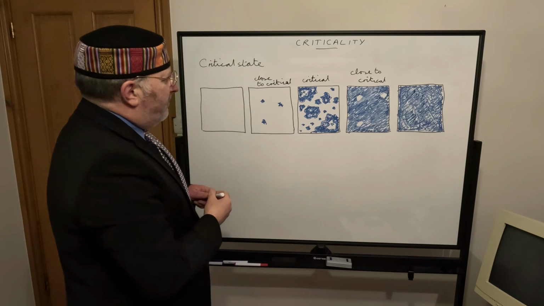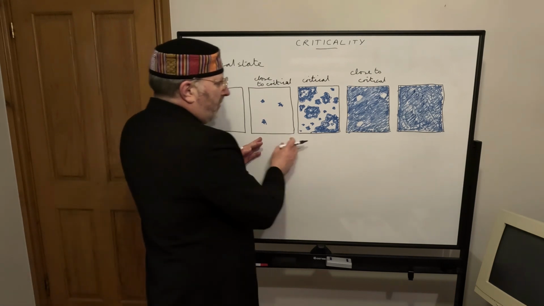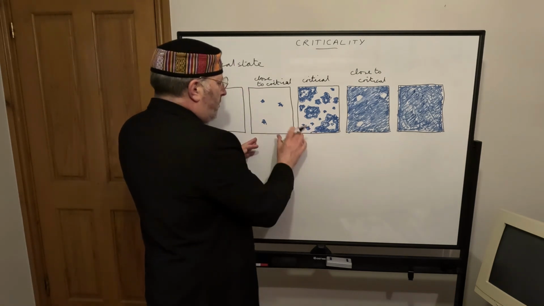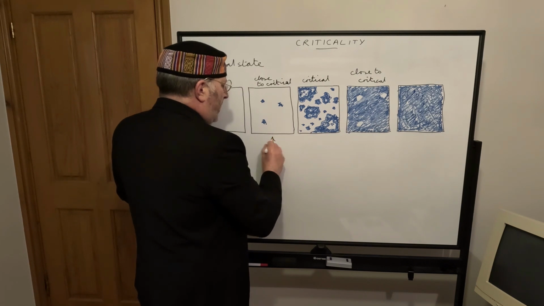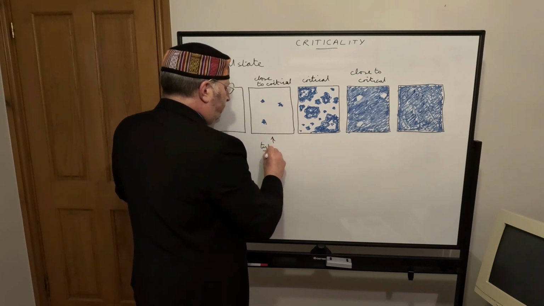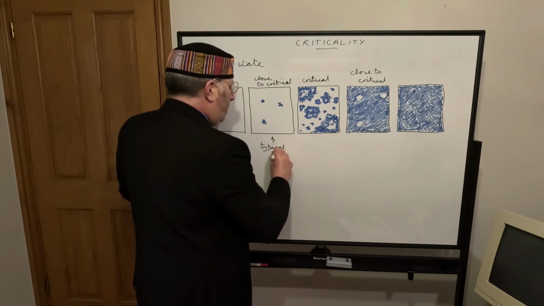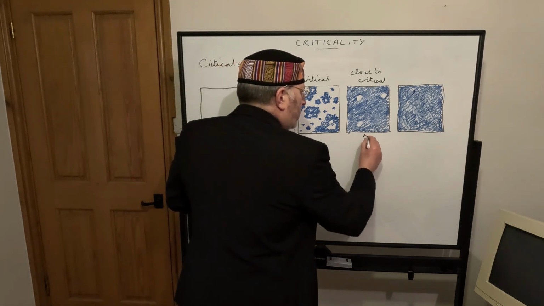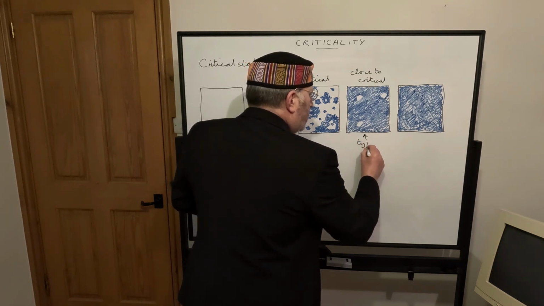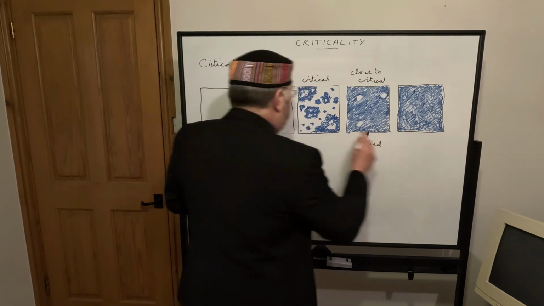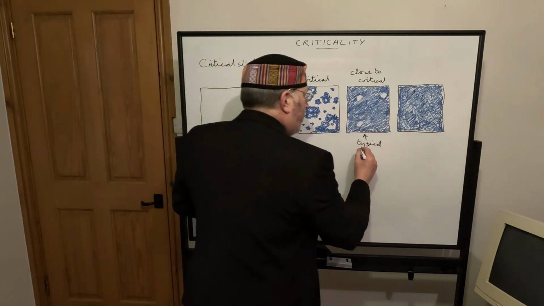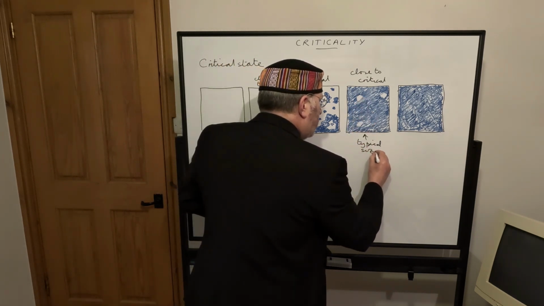And what we find is that in these stages where it's close to criticality, there is a typical size. Here too, a typical size to either the patches of water here or the patches of ice here.